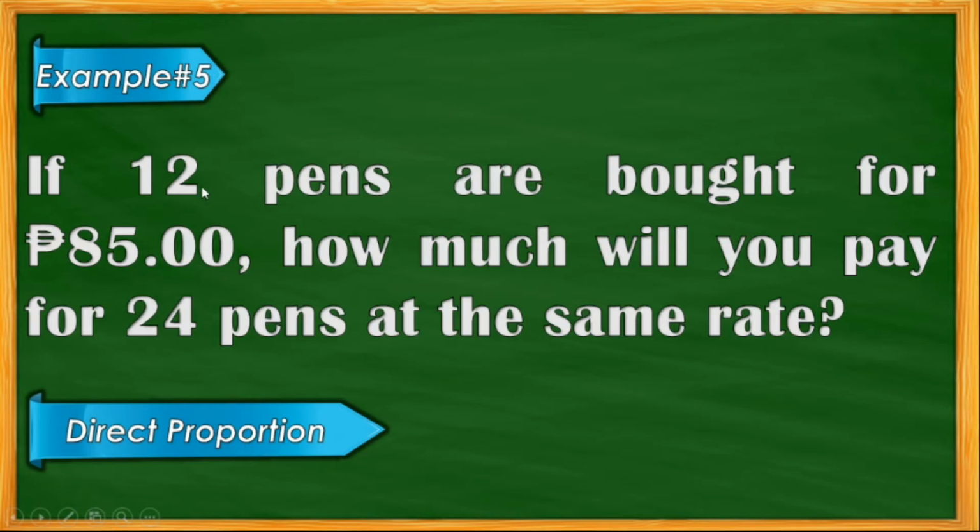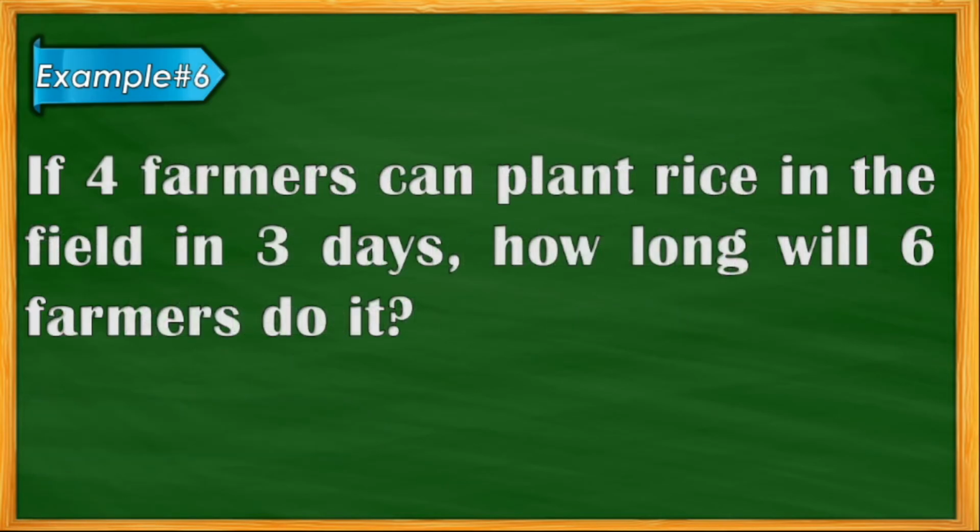Because the first quantity increases, the second quantity also increases. So, this would be an example of direct proportion. Next, example number 6. If 4 farmers can plant rice in the field in 3 days, how long will 6 farmers do it?